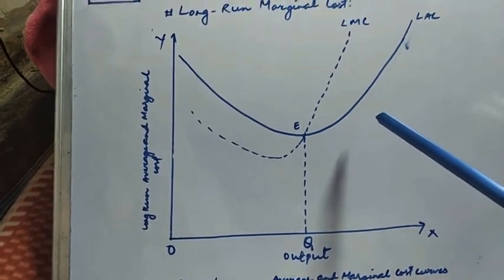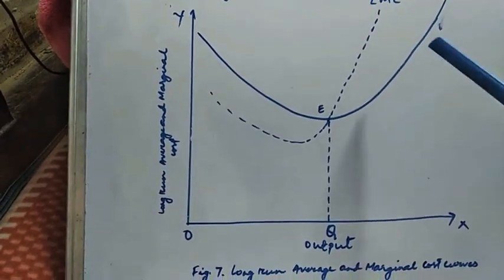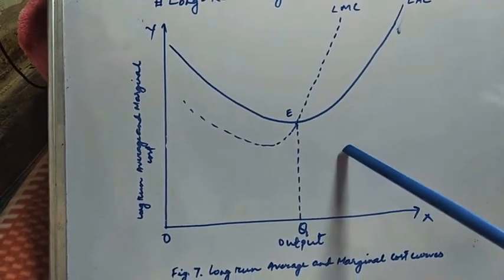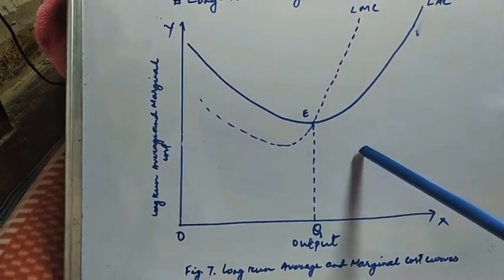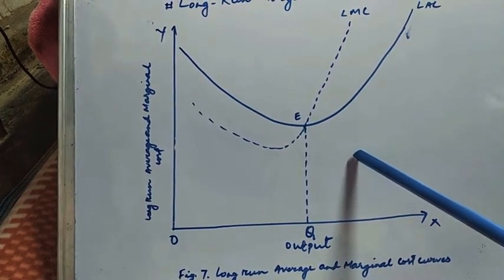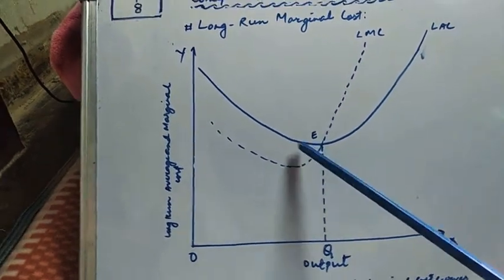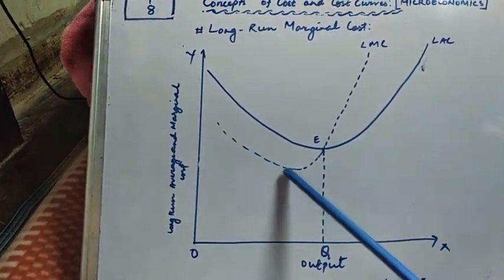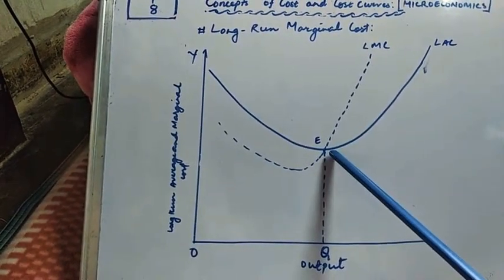So let us see that relationship. It will be seen from figure 7 that as long as the long run average cost curve is falling, as long as LAC is falling, LMC is below LAC.